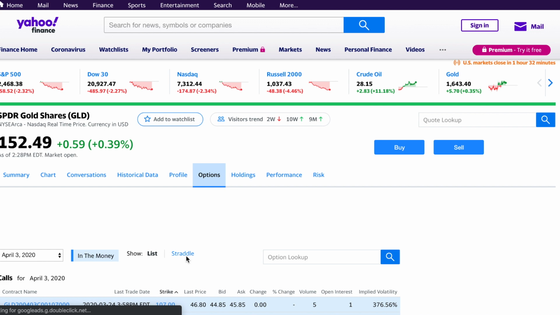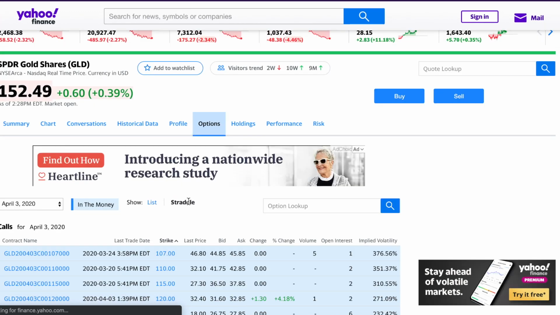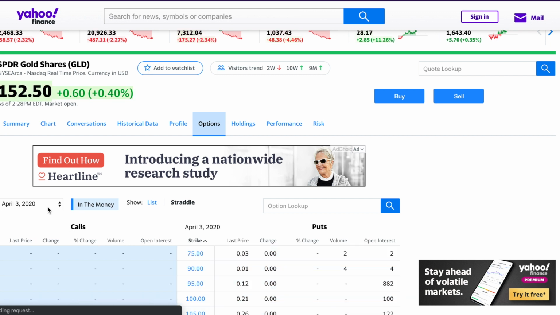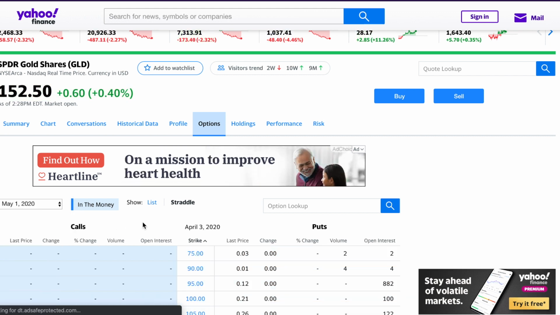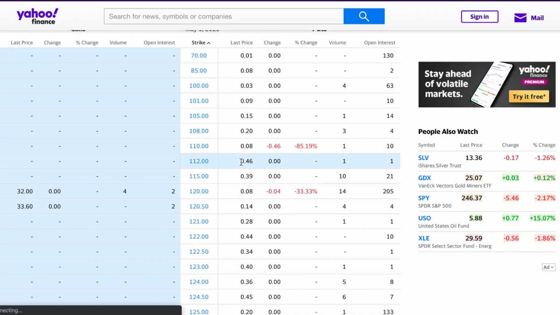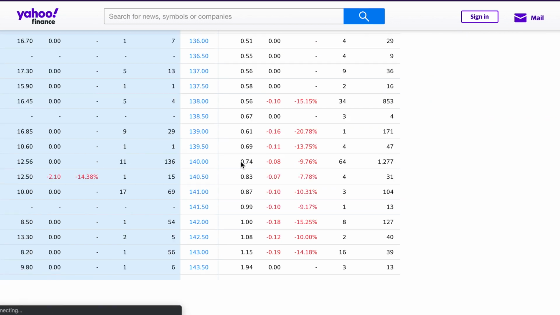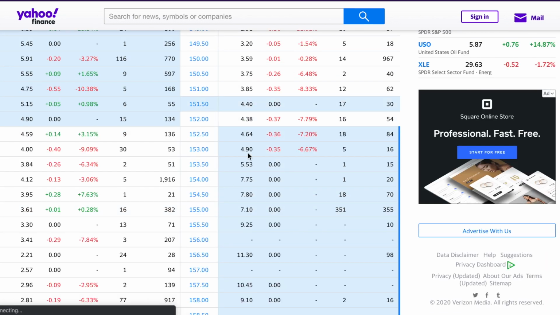Like I said, we'll use the straddle, and we'll change this to May 1st again. Let it reload. And like we said, gold is currently trading around 150, so we'll go down there where we see the in the money and out of the money happening here.